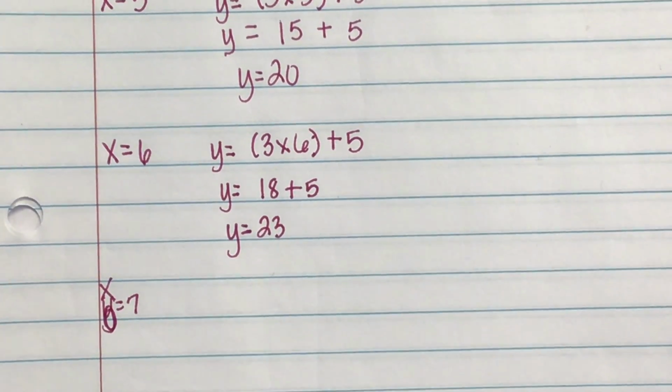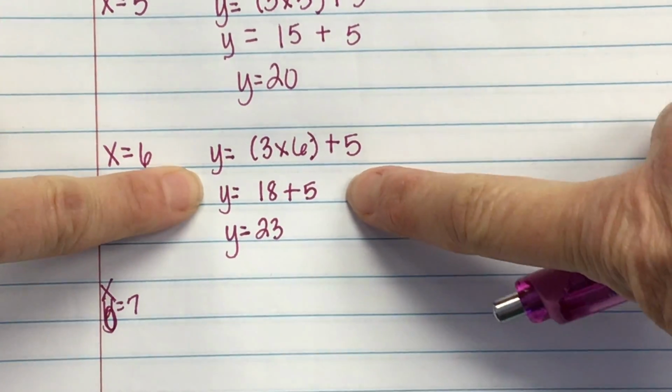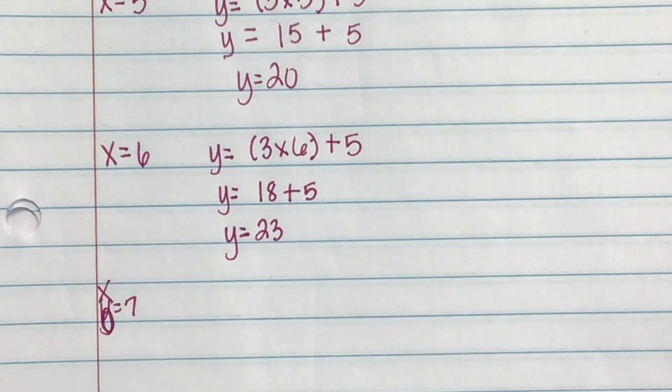I know you know what it is, but I need to see 3 lines. One like this, one with the first step down, and one with the value. So you just have to substitute the x for 7. Okay? So it's y is equal to 3 times 7 plus 5. Because 3x means 3 times x.